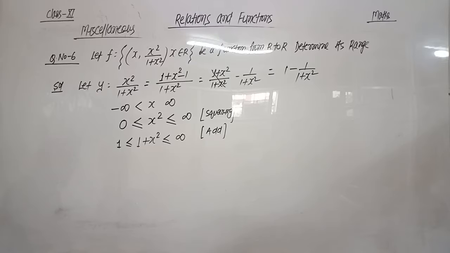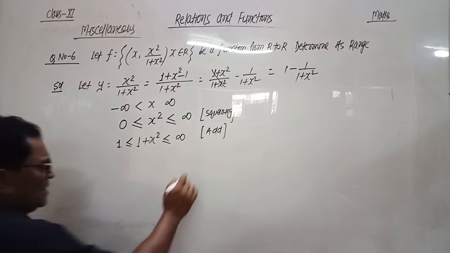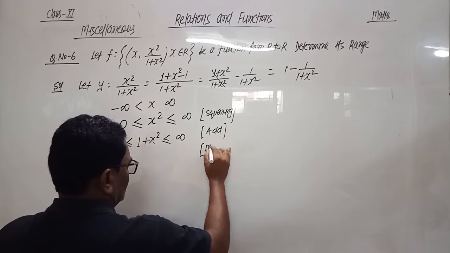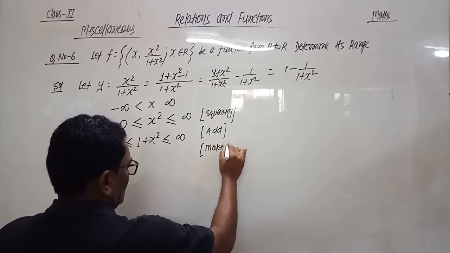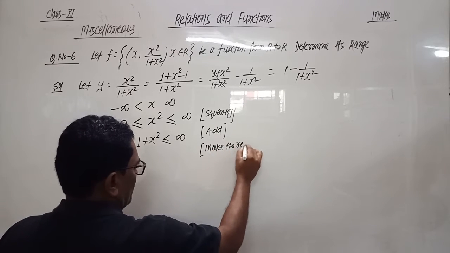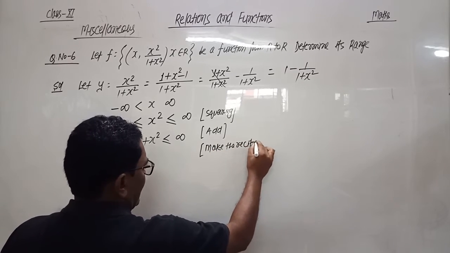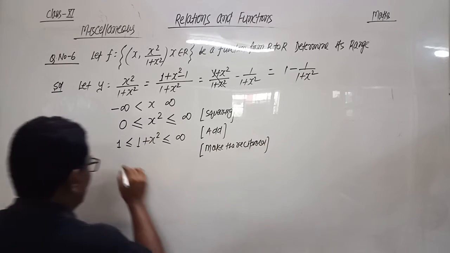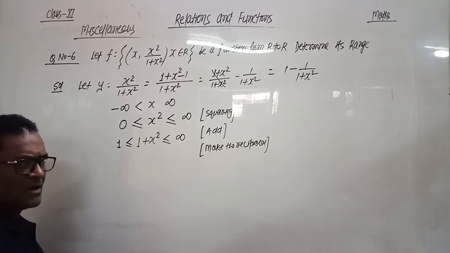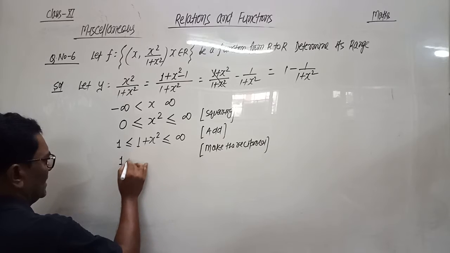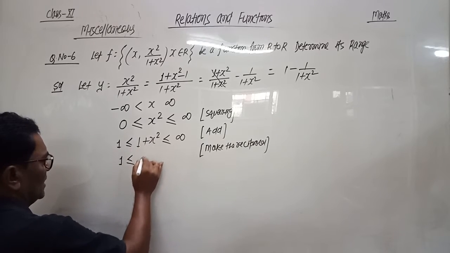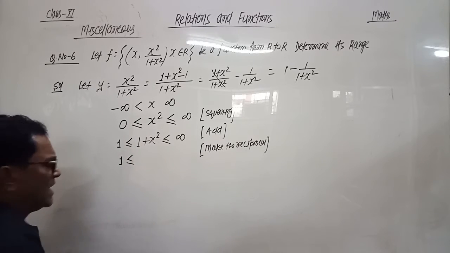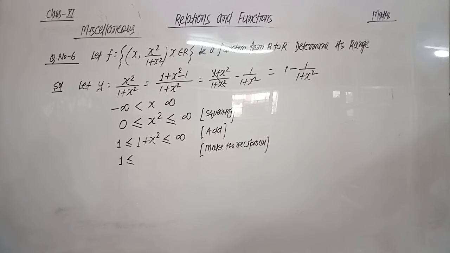Now take the reciprocal of the entire terms. So we get the reciprocal of 1, which is 1, and the reciprocal of 1 plus x squared.